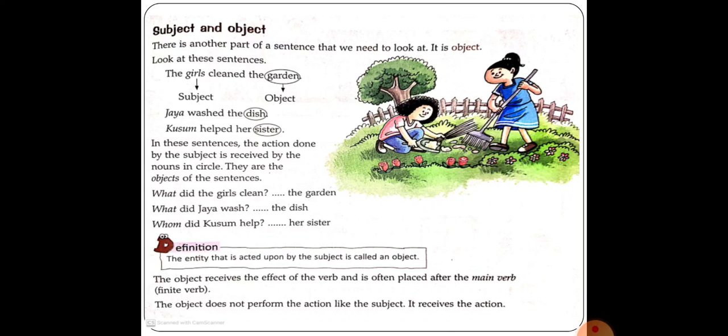Now, Sita is the subject, is is the helping verb, doing is the main verb, and the work is the object. So the main verb is placed before the object. The object does not perform the action like the subject. Means the object does not perform the action, it receives the action. Means the action is done on it only.